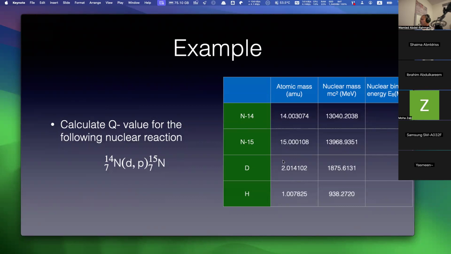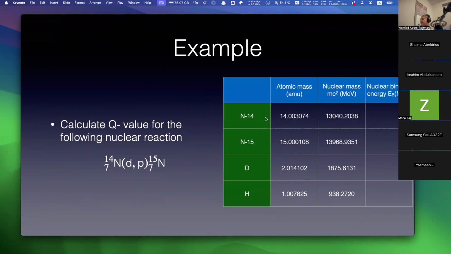These are the values, the atomic mass units of nitrogen-14, nitrogen-15, deuterium and hydrogen. This data is actually the atomic mass, the mass of the atom in terms of atomic mass units.